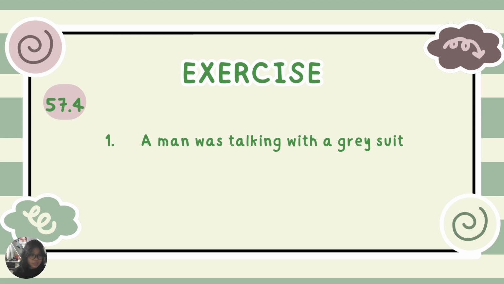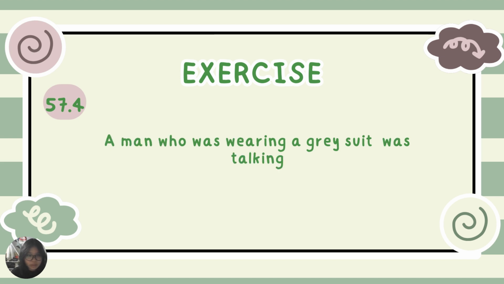So how can we remove the ambiguity for this sentence? I will show you the answer. We can rewrite it like this: a man who was wearing a red shirt was talking.